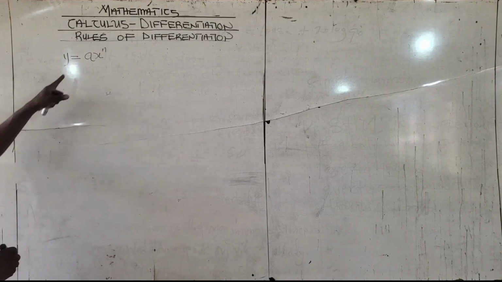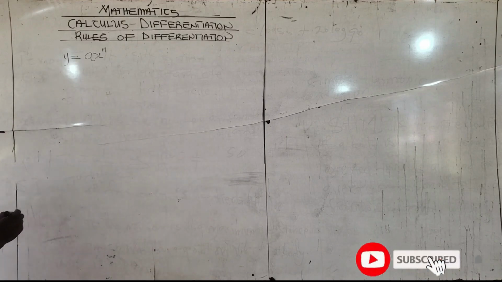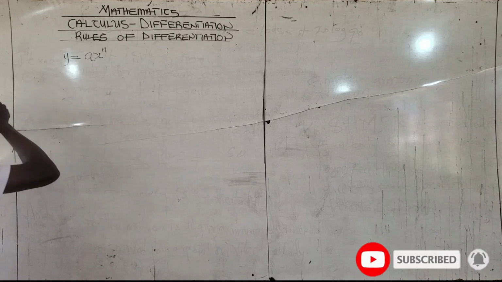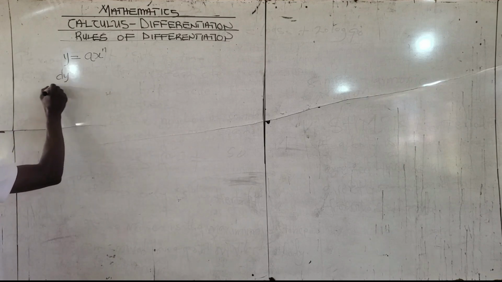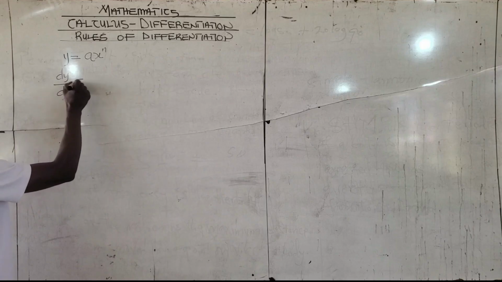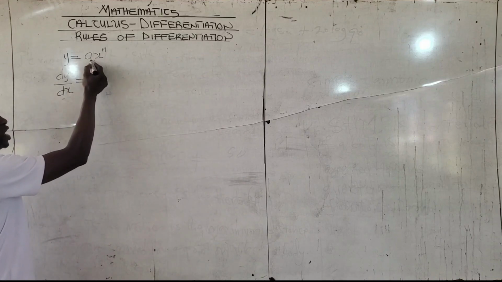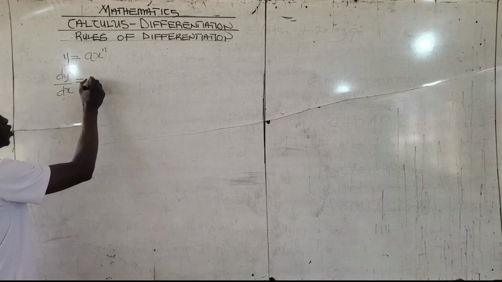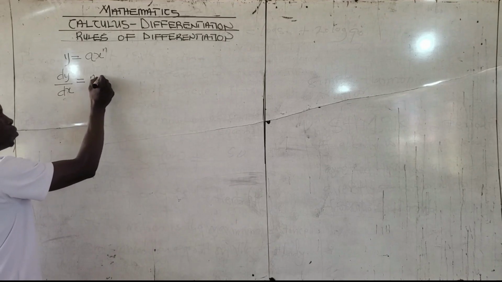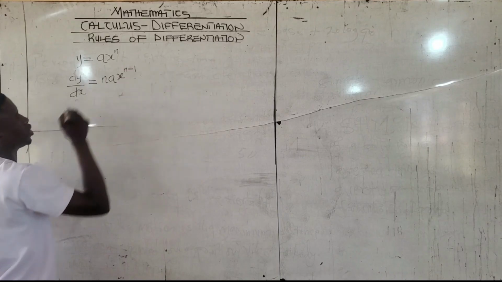When you are given expressions of this nature to differentiate, you can do so by using the formula dy over dx is equal to n, the exponent here, multiplies the a here, then 1 is subtracted from the exponent. So in effect, we are going to have n multiplying a, then x to the power n minus 1.